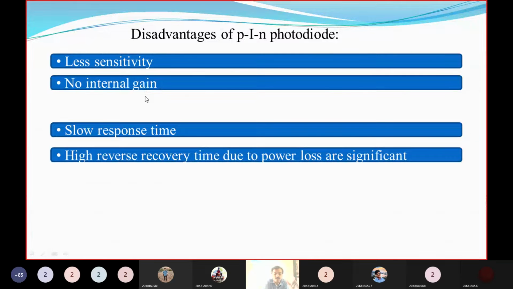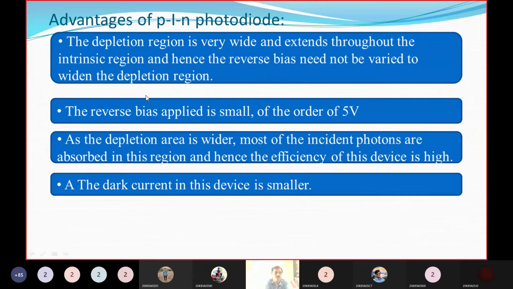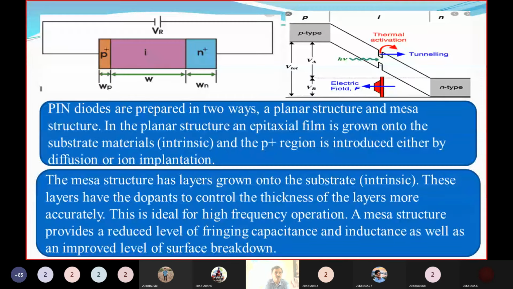Suppose light of less intensity and low frequency is incident on the PIN diode. The electron energy is also very less, because some energy is required to escape the electron from the valence band to the conduction band, and the remaining energy is converted to kinetic energy.